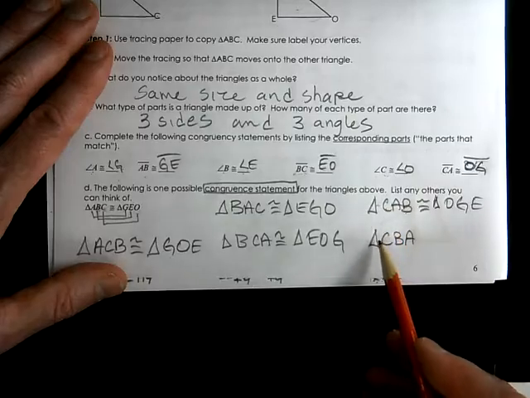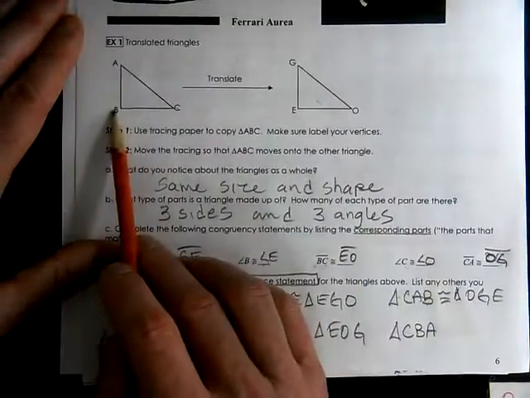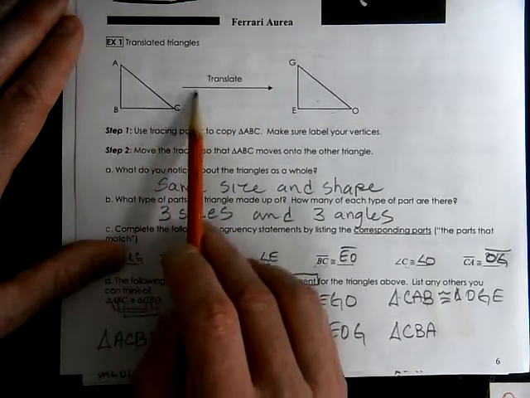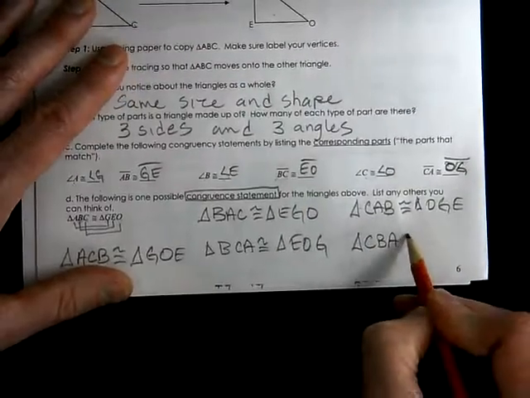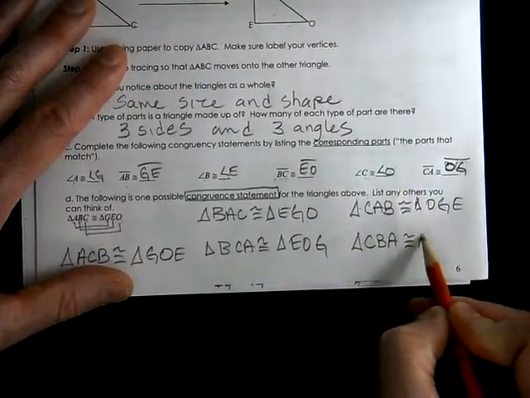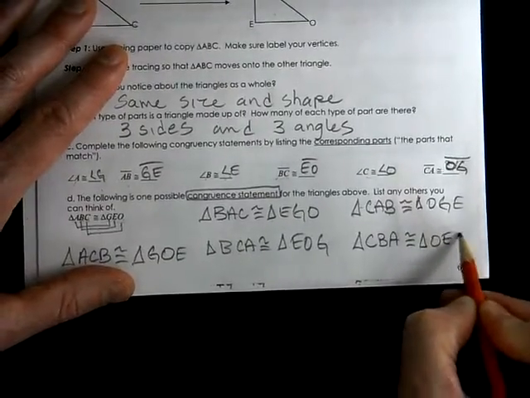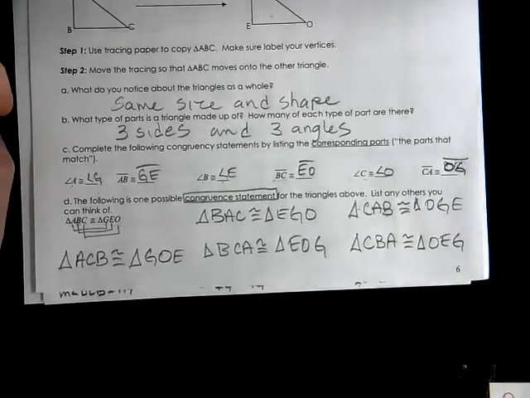Okay, starting with C, every triangle you can name going clockwise or counterclockwise, starting at any of the vertices. So OEG. So those are 6 congruent statements. Normally you will only write one congruent statement, and any of those can be appropriate answers.